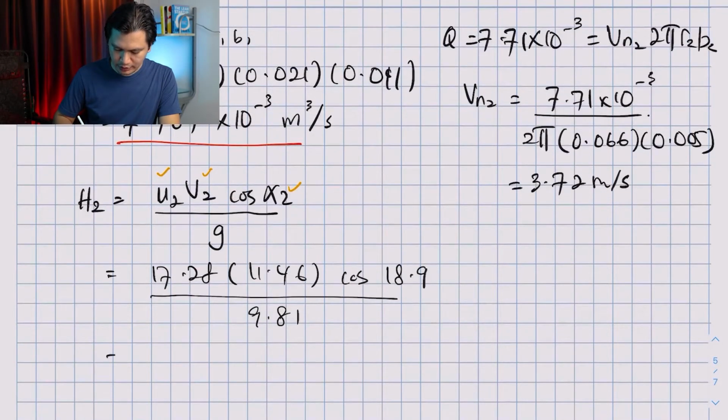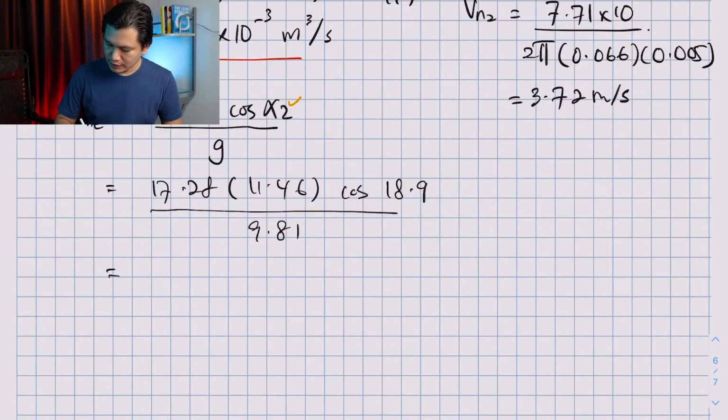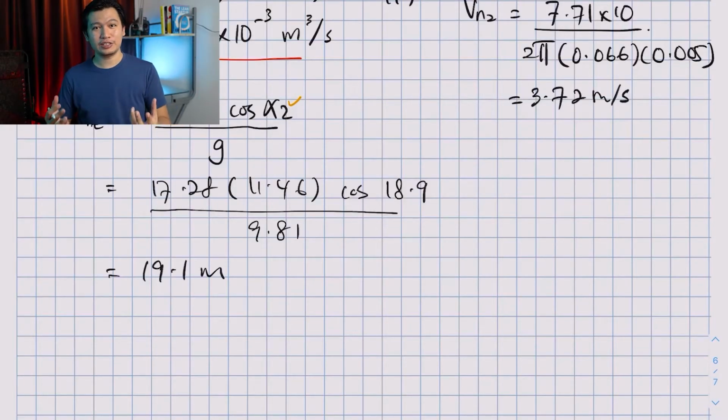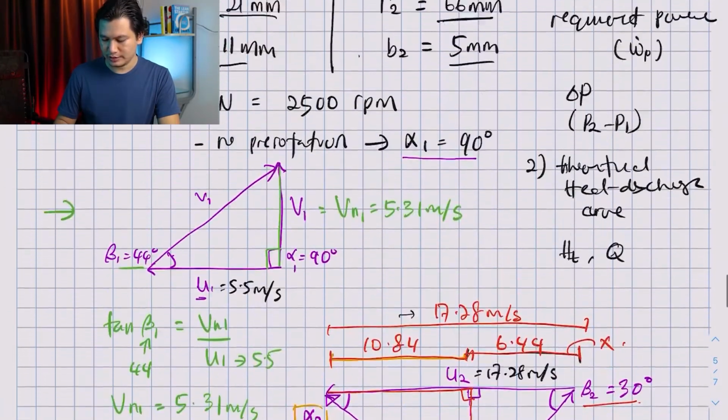Right, so my HT, sorry, HT, yes, theoretical head. So my HT would be 19.1 meter. The unit for HT is meter. So that's it, guys. Our second answer for the question, right?